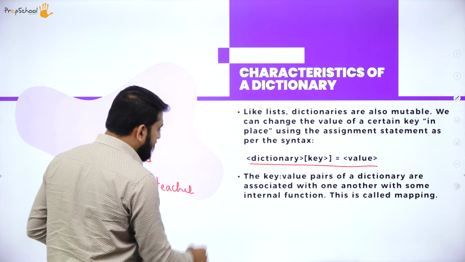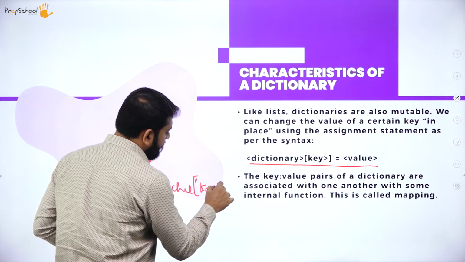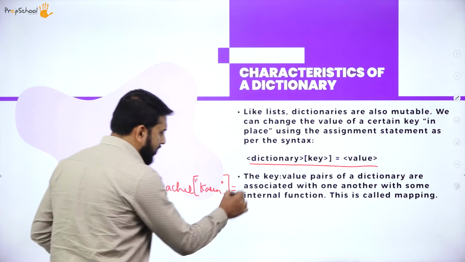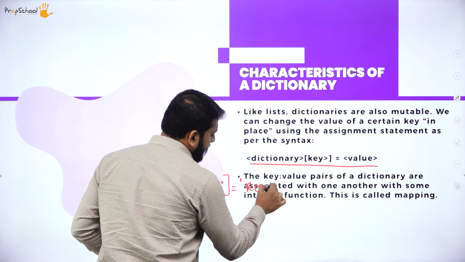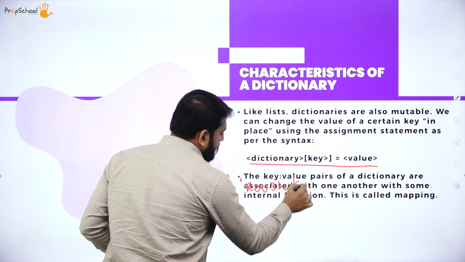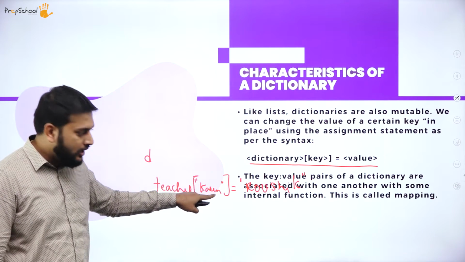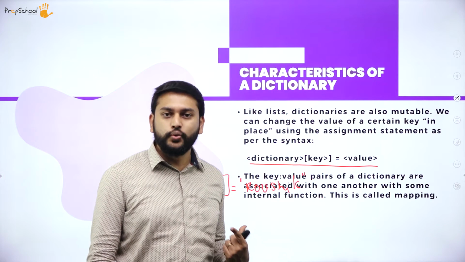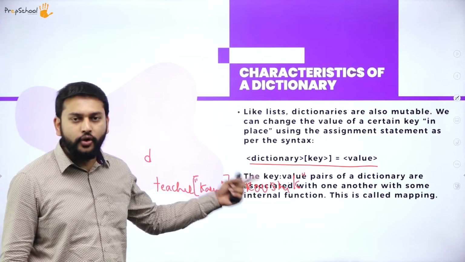So what is the key that I have? I have Karan. Then I can give whatever value I want. I'll just give Kaushik. So for this key, this value will be updated now. This I can do. That's what they are trying to explain to you all.